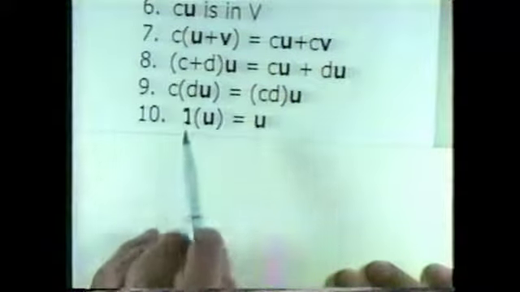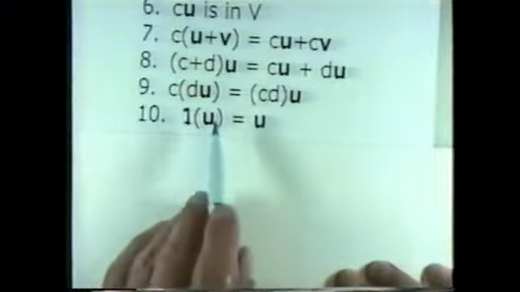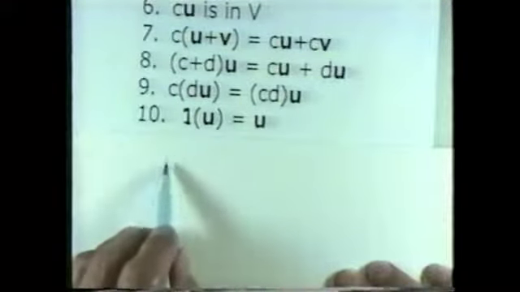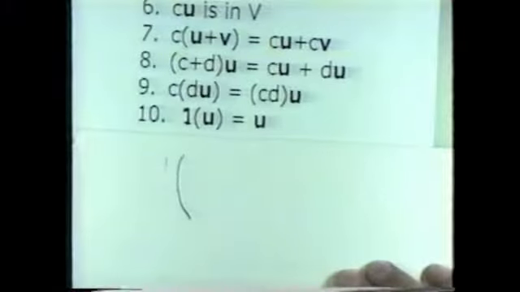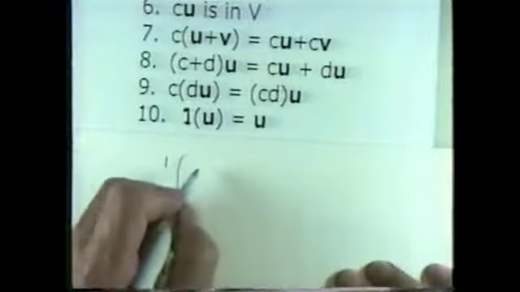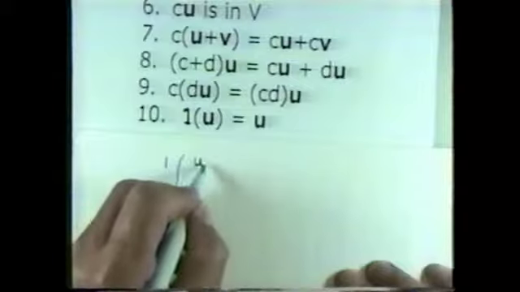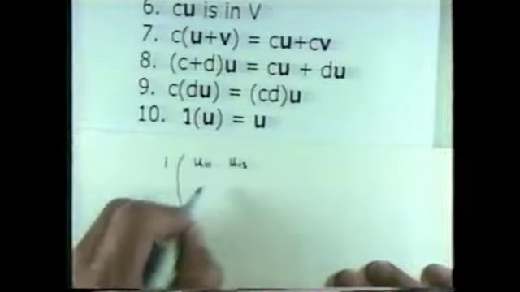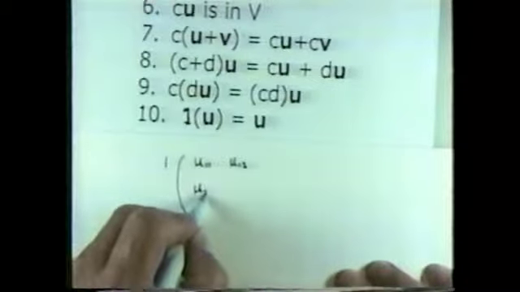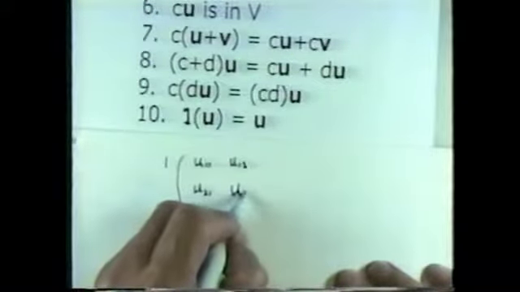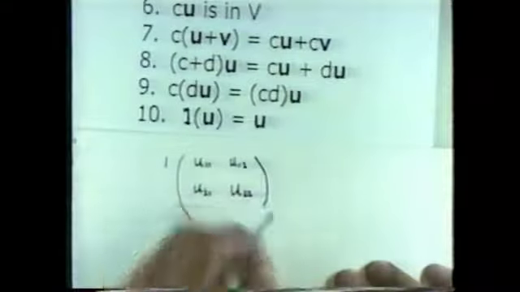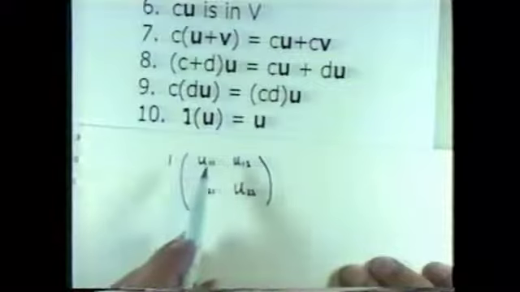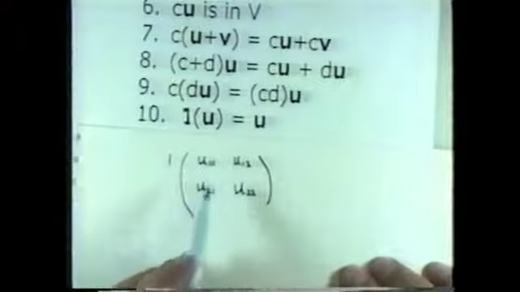Property 10 says show that the scalar 1 times U is equal to U. Well, the scalar is 1 and U is going to be U11, U12, U21, U22. Well, by scalar multiplication, I multiply the scalar by each of the elements in the matrix.